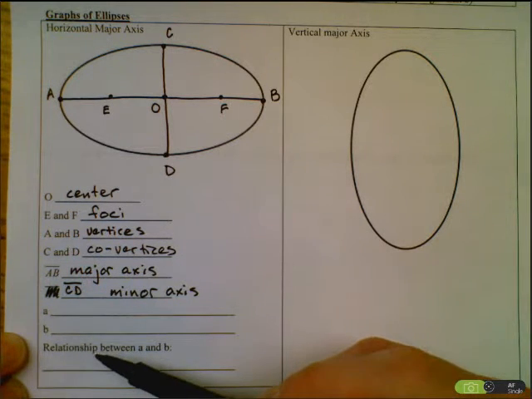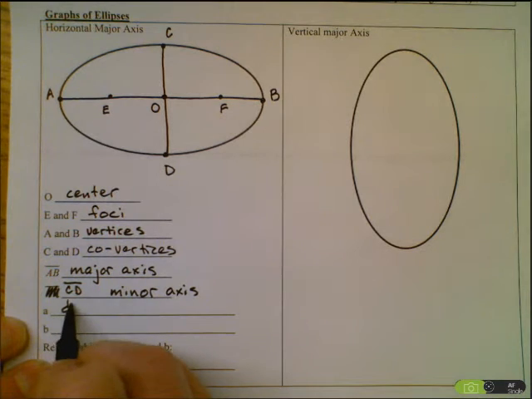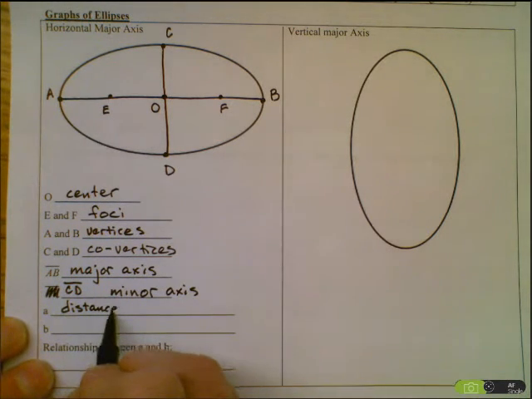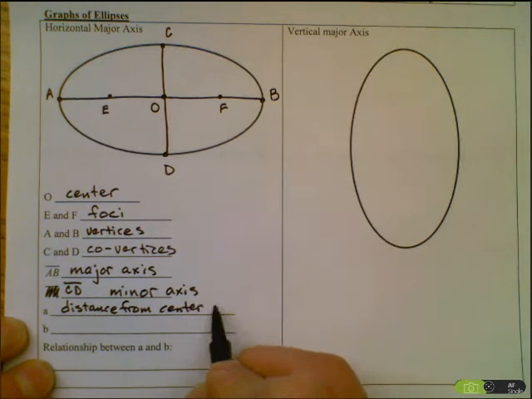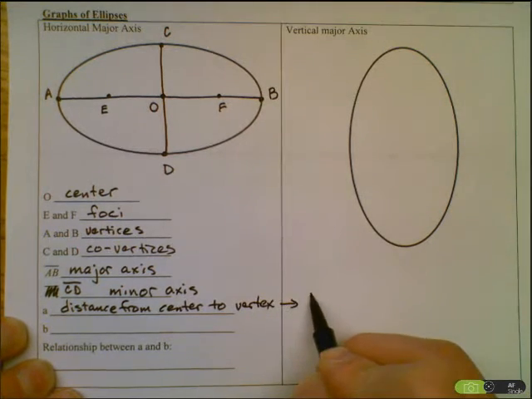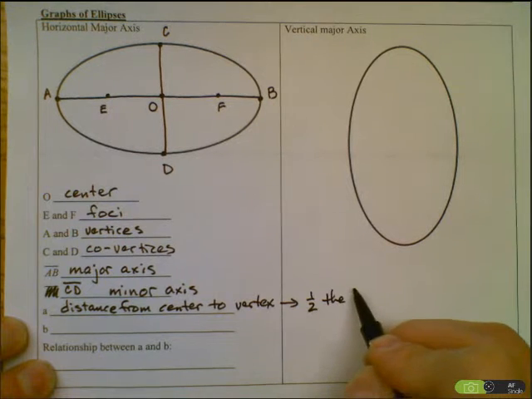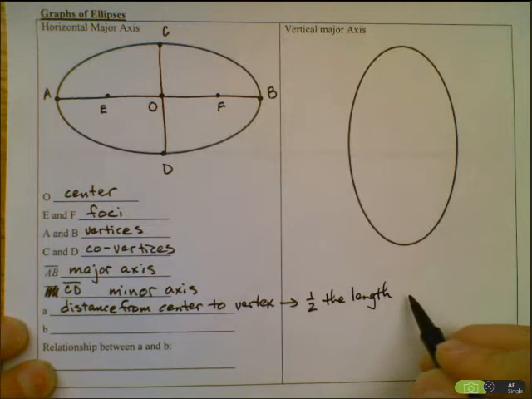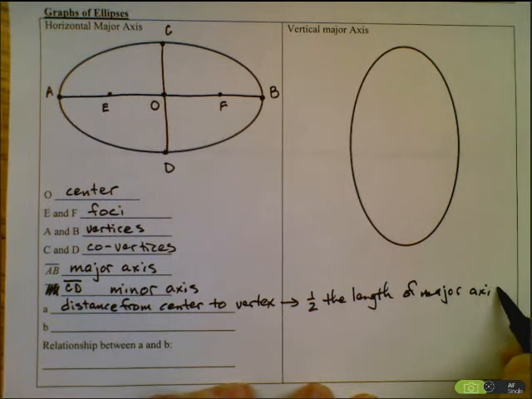So A is basically the distance from center to vertex. It's half the length of the major axis.